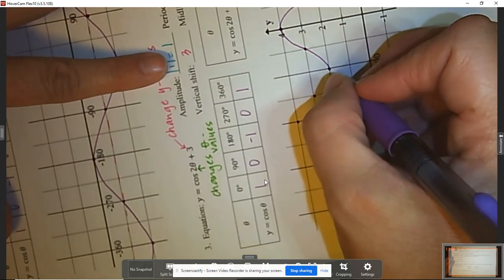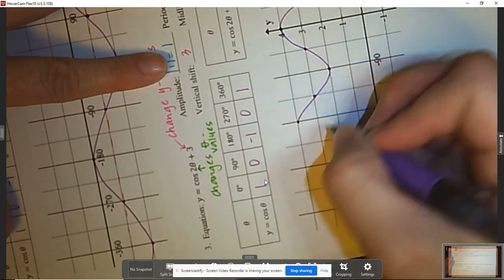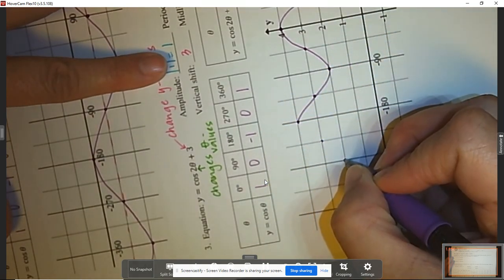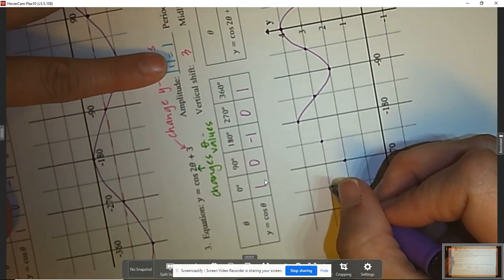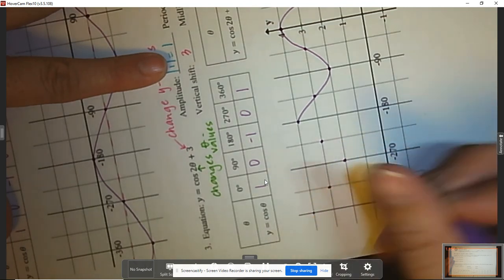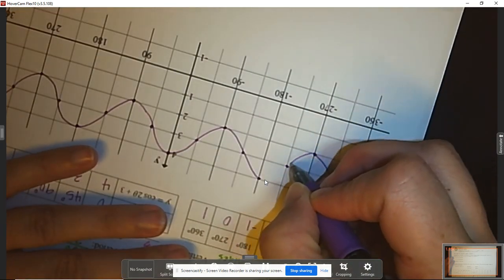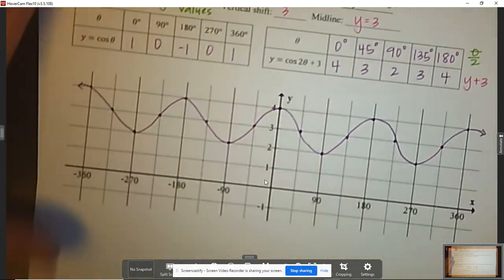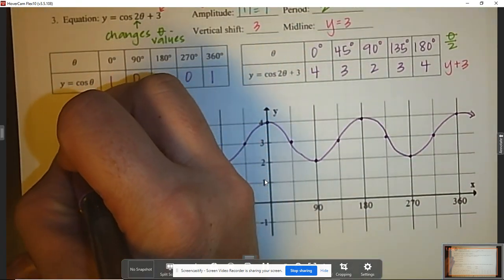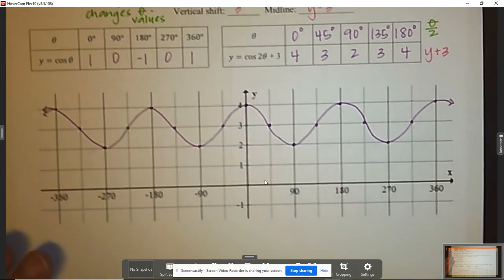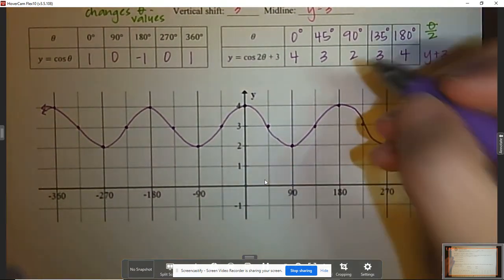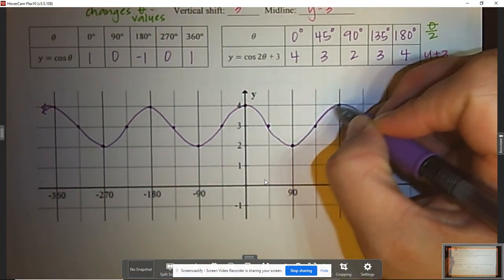I'm going to have to turn my paper. Okay, so there is your sketch, and this should curve down more actually. That's okay. It's definitely a rough sketch, but it'll work.